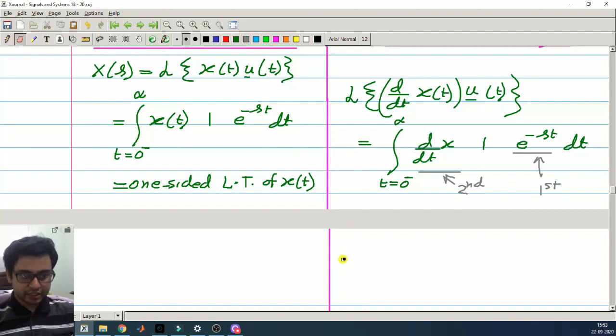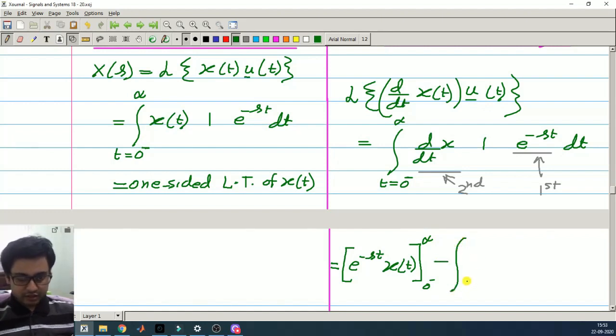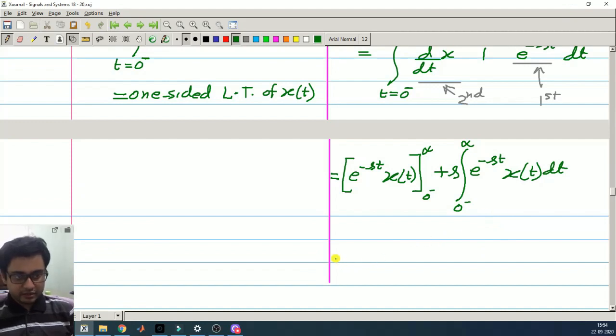So according to the integration by parts rule, we will have the first term e^(-st), then the integration of the second, that is x(t), with the limits 0 minus to infinity, then minus the integration of the derivative of the first term, which is e^(-st) multiplied with minus s, so I will put plus s here, and then the integration of the second, x(t) dt, from 0 minus up to infinity. Okay, then let us simplify.